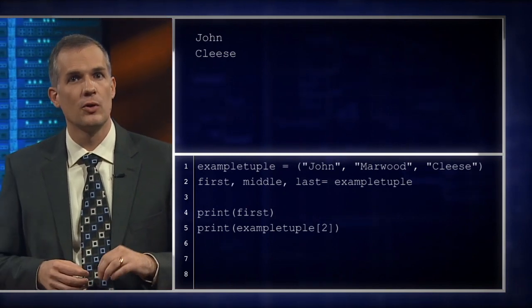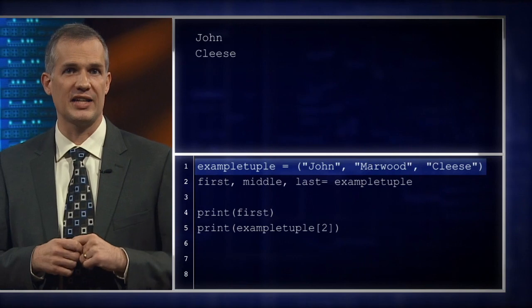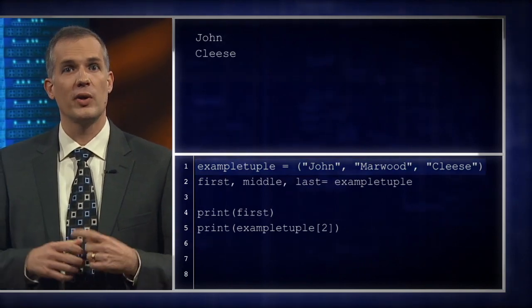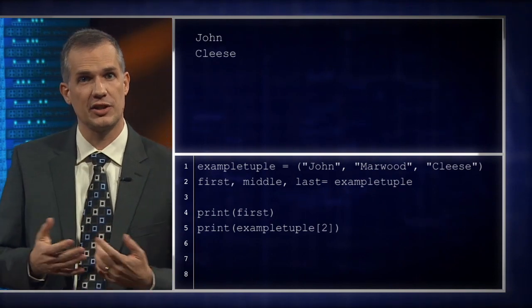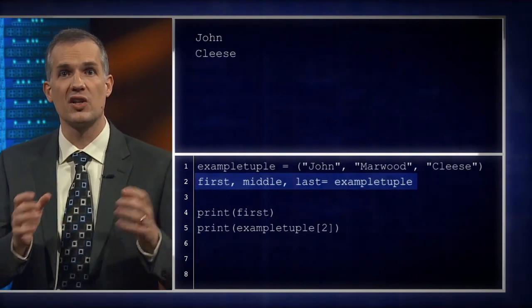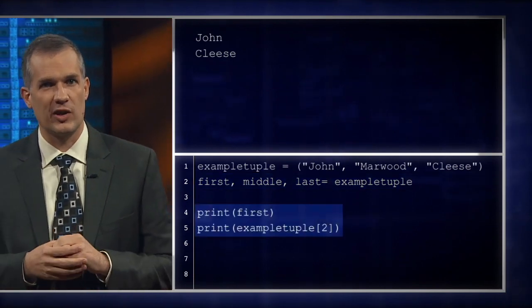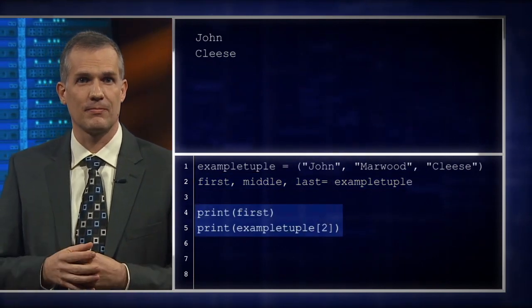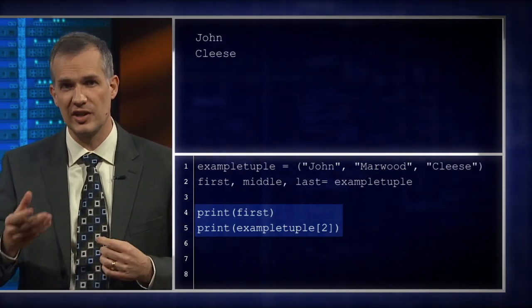In this example, we create a tuple with 3 values, corresponding to the first, middle, and last name for someone. We can get values from a tuple by assigning to a comma-separated list, like you see here, where first, middle, and last get the elements from the tuple. We can print the variables we were assigned, obviously. Or we can access an individual element of a tuple using brackets, just like we did for lists.